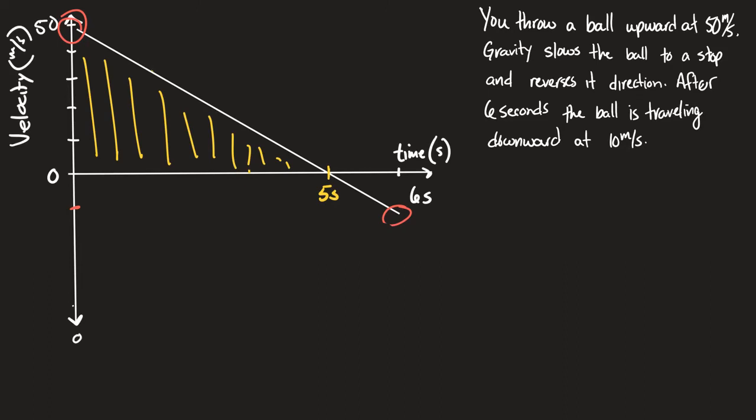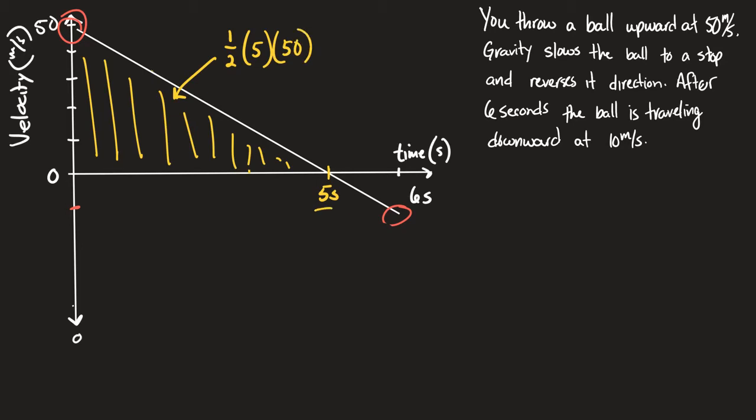I don't believe you have any other way to do this right now, although we talked about a way yesterday. Now, in order to do that, I must recognize the shape that's here. It is a triangle. And because it's a triangle, I can find the displacement by using 1/2 base times height.